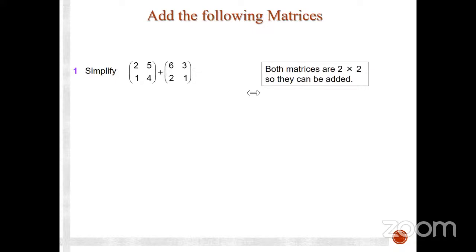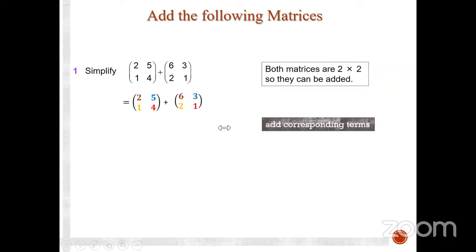Tajana says 2 plus 3. Dijon says 2 plus. As a matter of fact, Dijon has it all written out. 2 plus 6, 5 plus 3, 1 plus 2, 4 plus 1. And he has the responses. Oh, wow. Excellent. Very good.